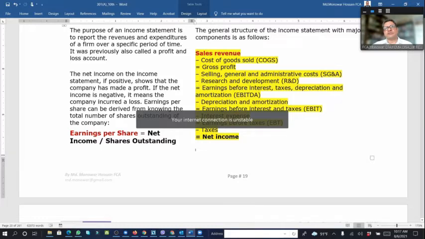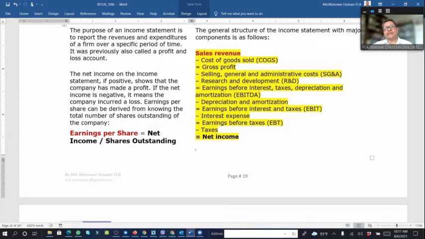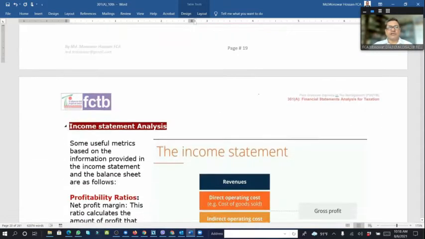From that amount, if we deduct depreciation or amortization, we get earnings before interest and tax, EBIT. From EBIT, if we subtract interest, such as bank interest, we get earnings before tax, EBT. And from earnings before tax, if we subtract tax, we get net income or earnings after tax, EAT. So this is the logical calculation.